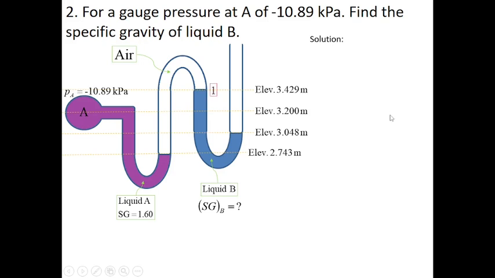So for the solution, applying the steps, we have the first level, this is point 1. Another level is at point A. Another level at point 3. Another level at point 4.